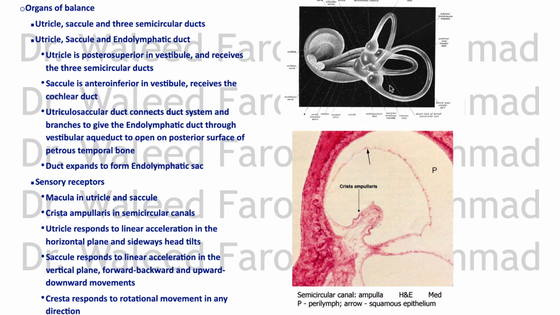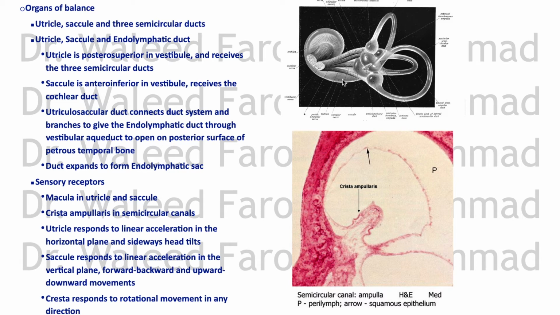Okay, the receptor in the utricle and saccule is called the macula, and the receptor in the semicircular ducts is called the crista ampularis. Okay, the utricle responds to linear acceleration in the horizontal plane and sideways head tilts, while the saccule responds to linear acceleration in the vertical plane, meaning forwards and backwards and upwards and downwards movements.